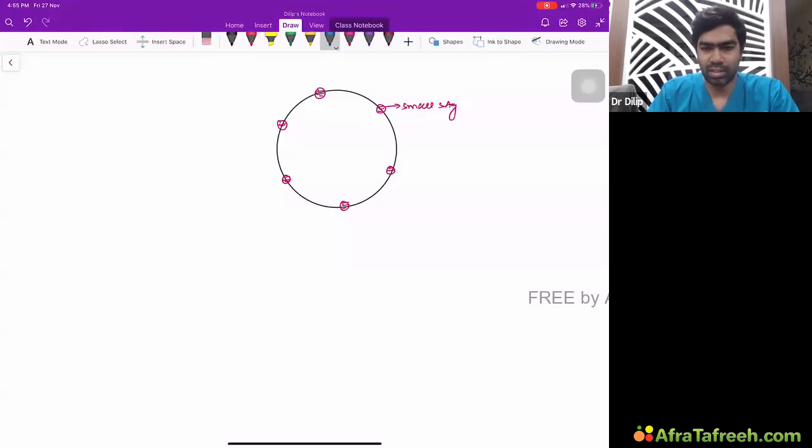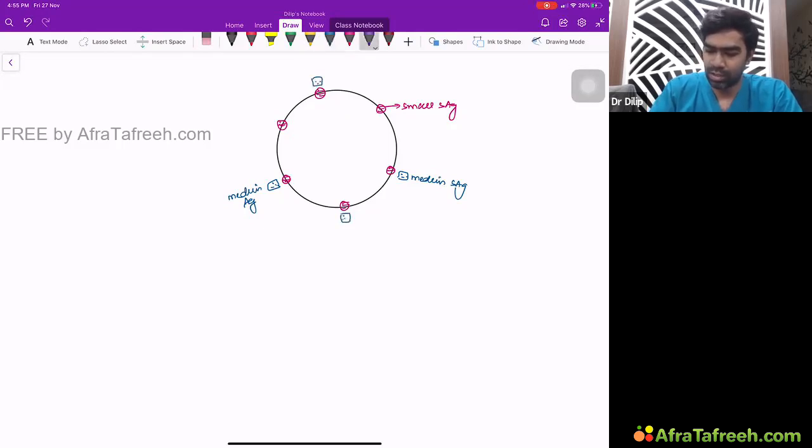And in certain areas you have the medium surface antigen also. Not all areas, certain areas will have a medium surface antigen also. And in certain areas, you don't only have the medium surface antigen, you do have the large surface antigen as well.